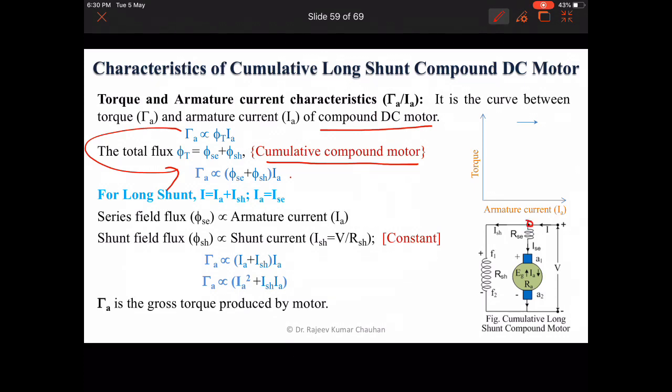If we apply Kirchhoff's current law at this node, I is equal to Ish plus Ise. As we can see here, the series field winding and armature circuit are connected in series. Therefore, the value of Ise is equal to Ia.